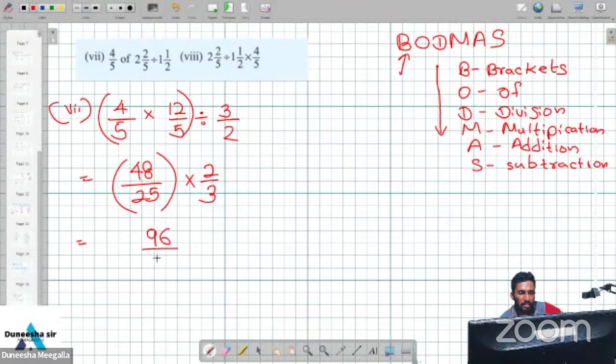96 over 75. Okay, then how many 75s per 96? One, and how much is remaining? 21 over 75.